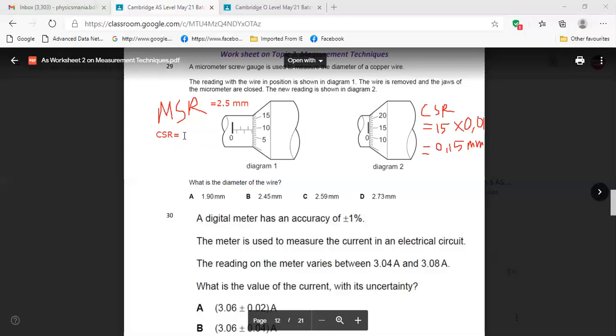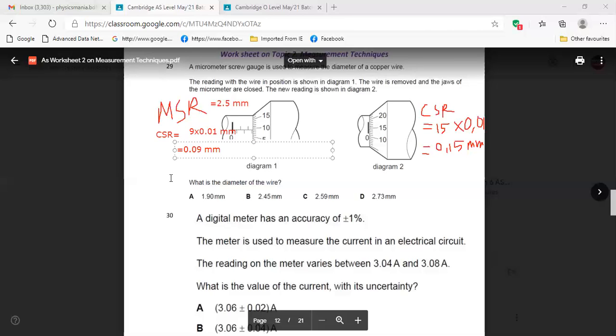CSR 9, right? Yes, sir. 9 multiplied by, like before, 0.01 millimeter. Then what is the value here? 0.09. Yes, 0.09 millimeter.